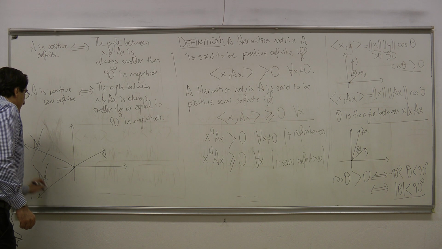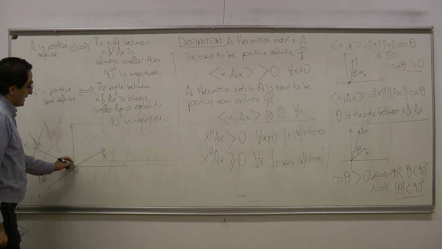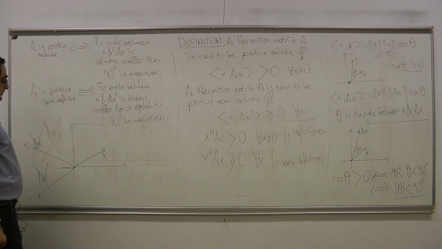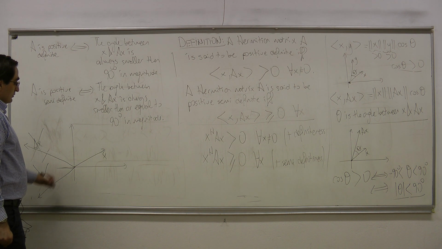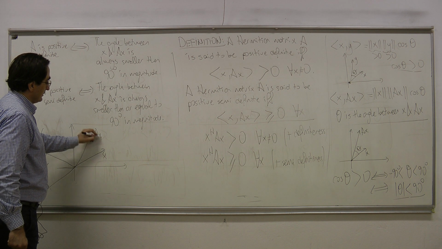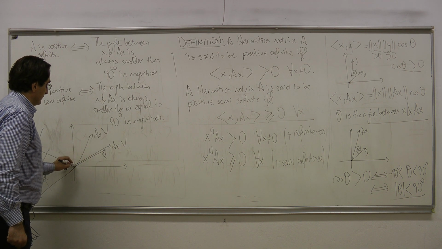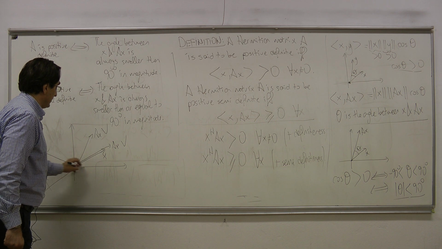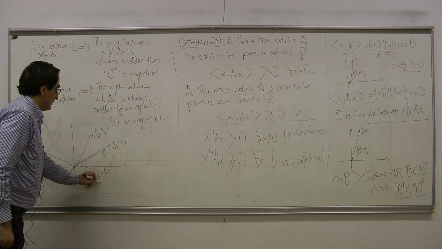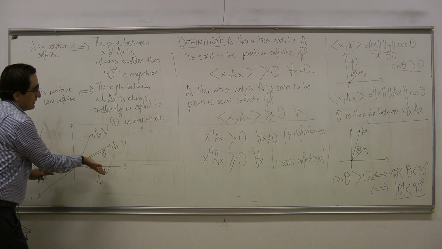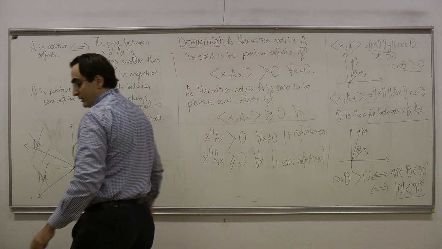The angle cannot be strictly larger than 90 degrees in magnitude. Okay? So Ax can be like this, or Ax can be like this. These are possible, and similarly Ax can be like this. The angle can be smaller than 90 degrees in magnitude, but it can never exceed 90 degrees in magnitude.